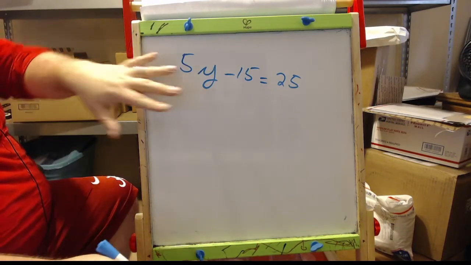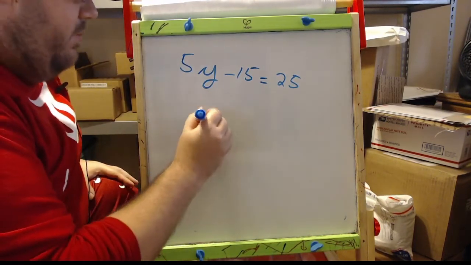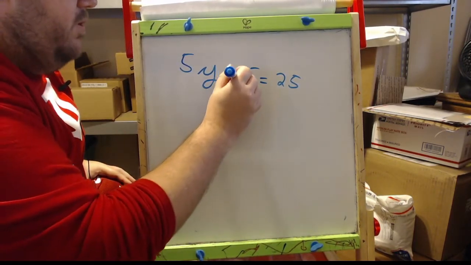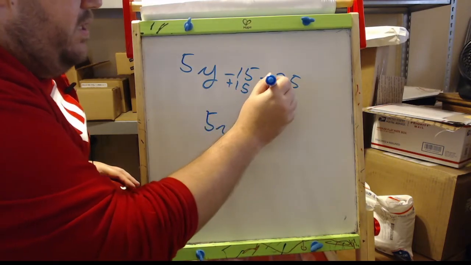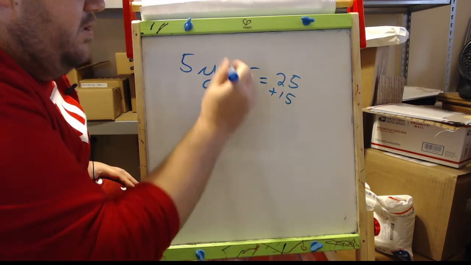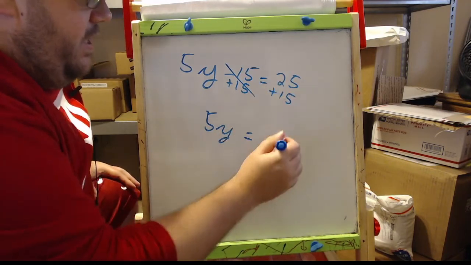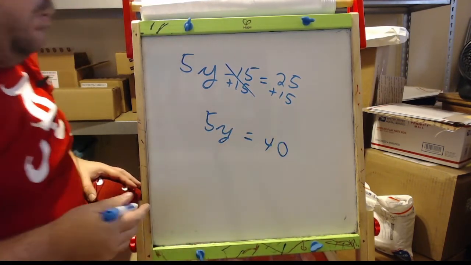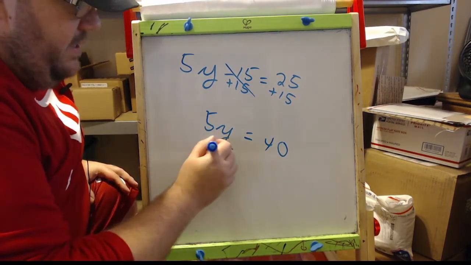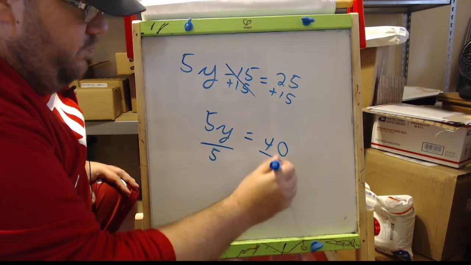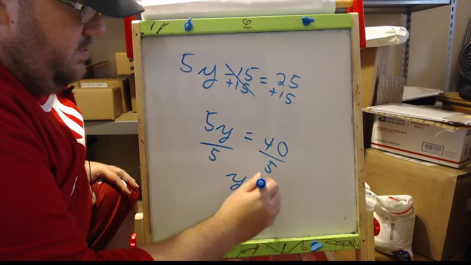First things first, leave the 5y by itself. What we're going to do first is add 15. Why? Because there's a minus. We're going to add 15 to each side. That'll cancel out. 5y equals 40. Divide each side by 5. y then equals 8.